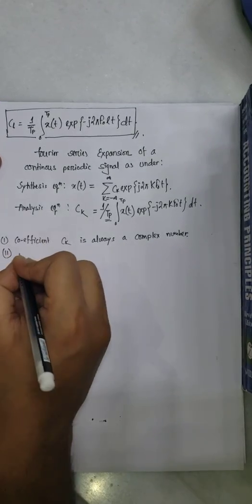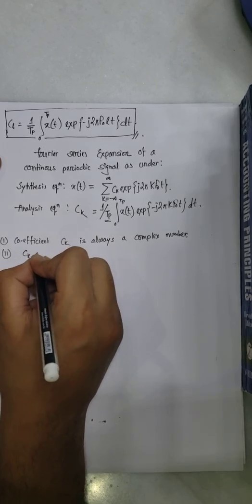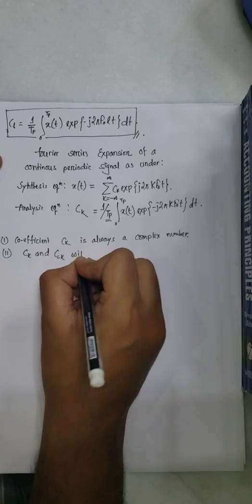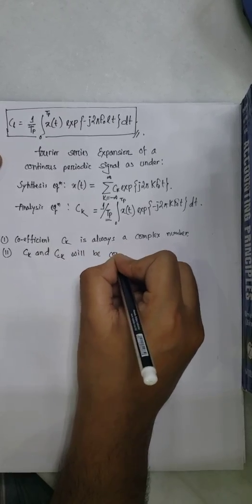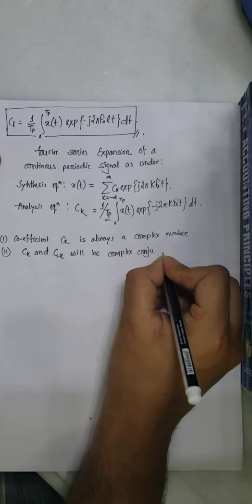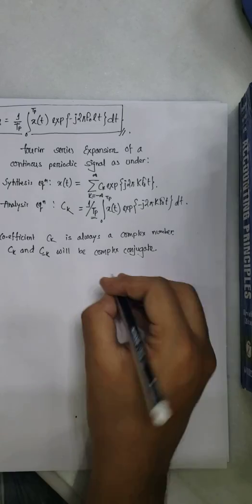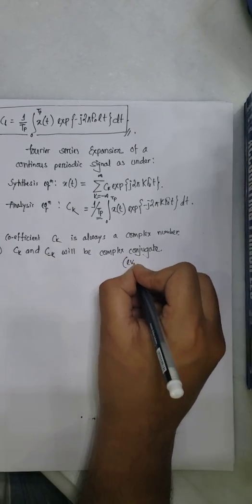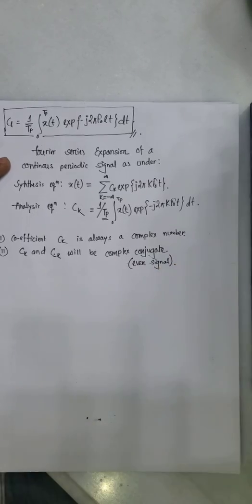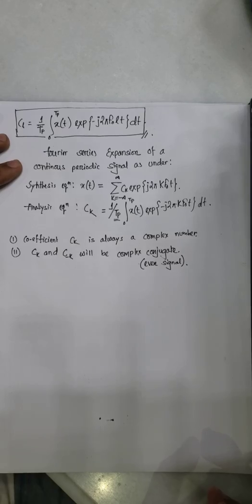And for a periodic signal, c of k and c of minus k will be complex conjugates if the signal is an even signal. I shall shortly describe the even signal and odd signal.